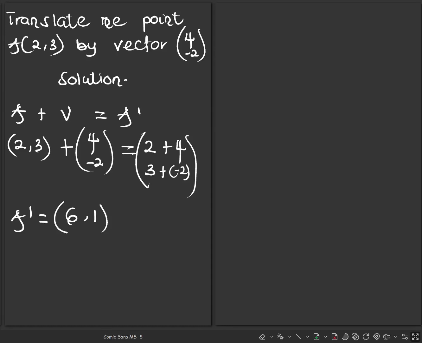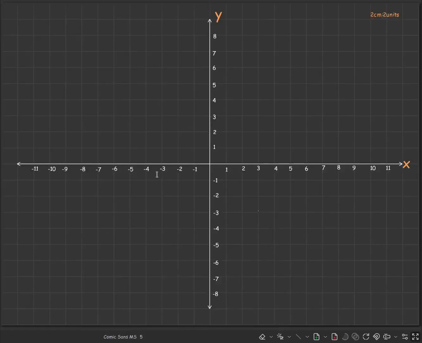So let's look at how we do this on the graph sheet. So this here is my graph sheet, and I would have to locate the point A. We know A was 2, 3. So per my scale, I have my 2 and then 3 located over here.